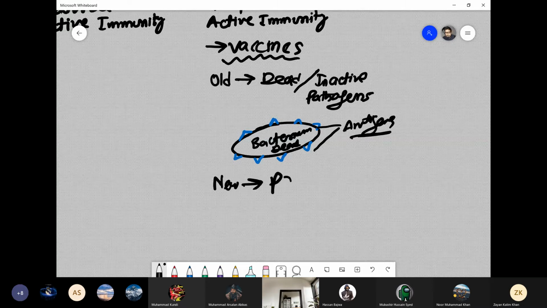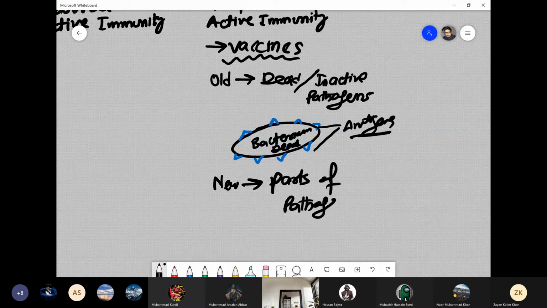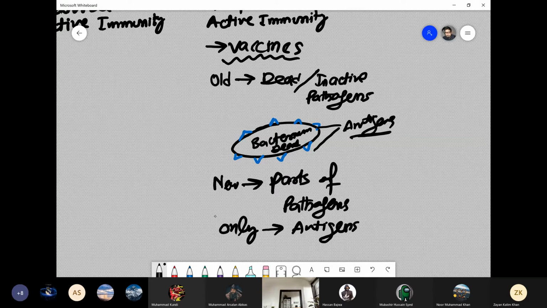There are parts of pathogens, like they can only inject what? Antigens, right? They can only inject the antigens.